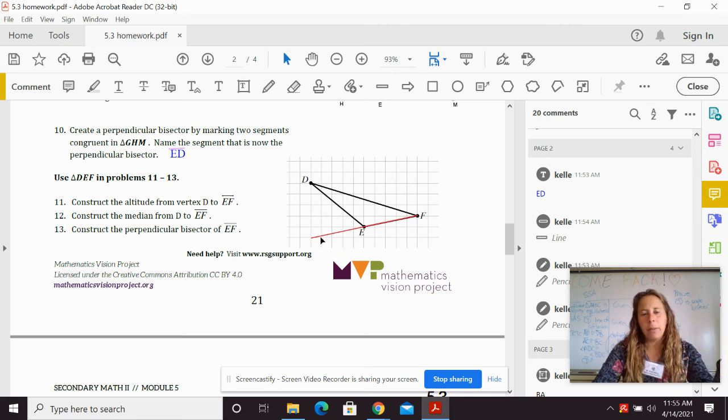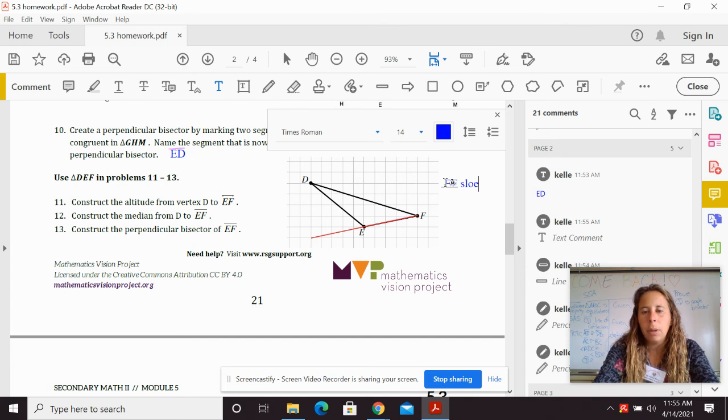So the slope of this line is, let's see, I go up 1 and then over 1, 2, 3, 4, 5. So the slope of EF is change in Y, which is 1, over change in X, which is 5. All right, so then the perpendicular line is the opposite reciprocal. So you flip it and change the sign.